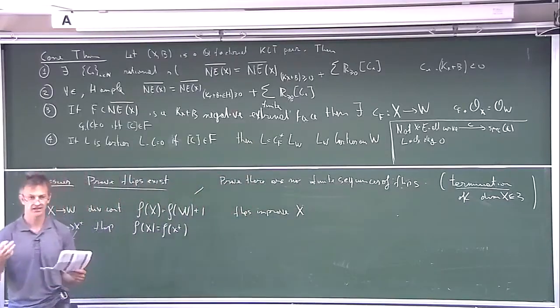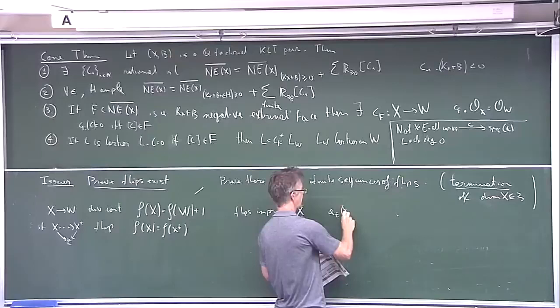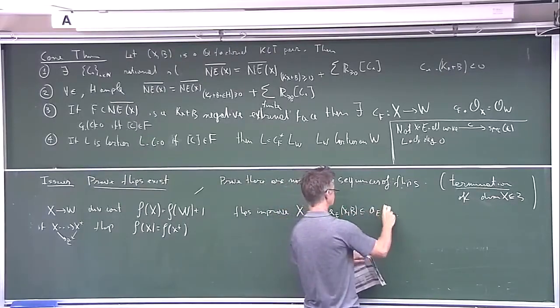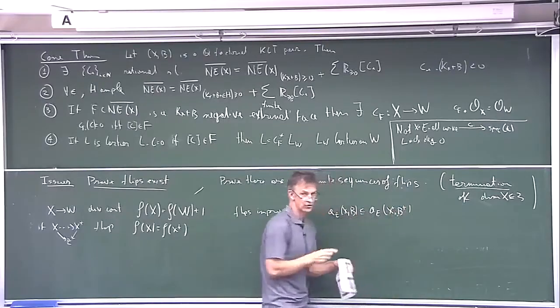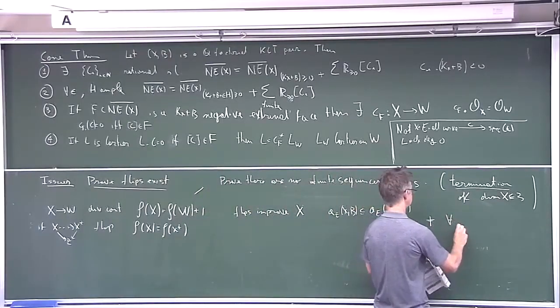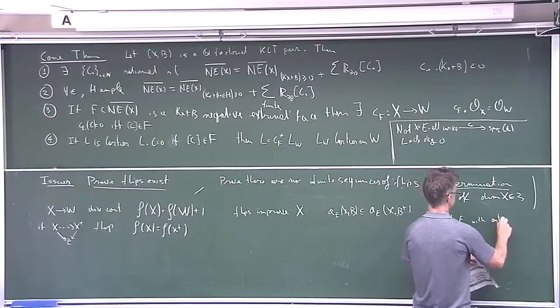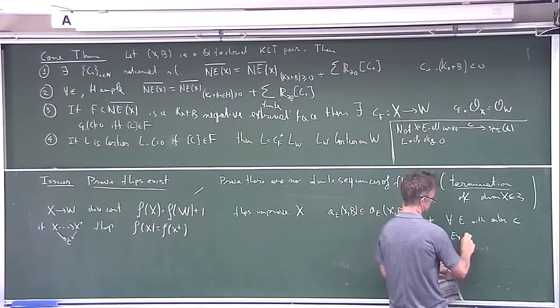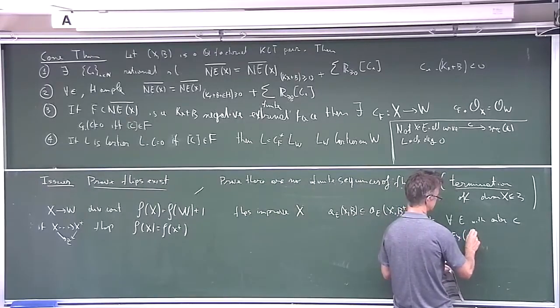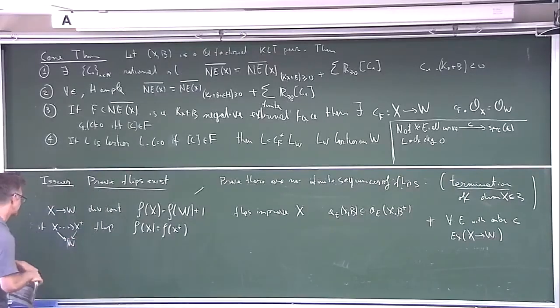Well, I've tried to claim that they improve the singularities of X. The discrepancy A_E(X, B) is always less than or equal to A_E(X plus, B plus), and in fact it strictly increases for any exceptional divisor E with center contained in the exceptional locus of the map C from X to W. If you have some divisor that maps to a curve that's contracted by the flipping contraction, then the discrepancy has to strictly increase.